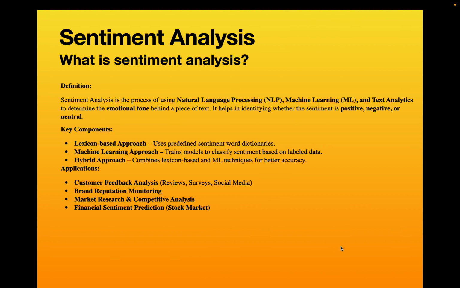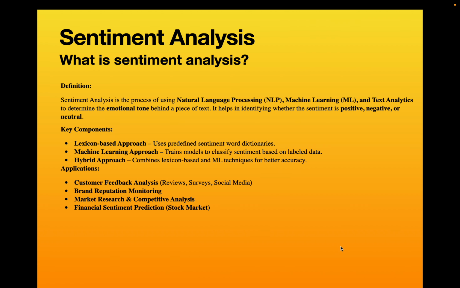Now you can use a dictionary of the words that come under positive sentiment, the words that come under negative sentiment, and the words that come under neutral sentiment. This way you can create a sentiment word dictionary to classify the sentiments. That is a traditional, rule based approach.